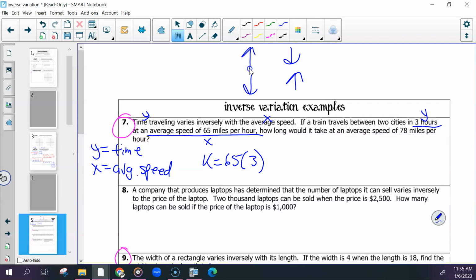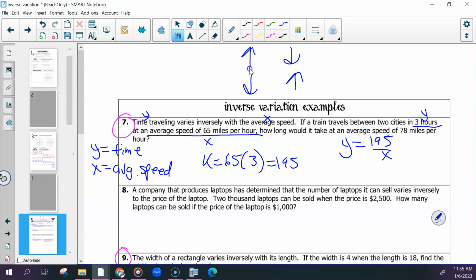What would that give us? 195, okay. Then use that, put it into your equation. Y equals 195 over x.